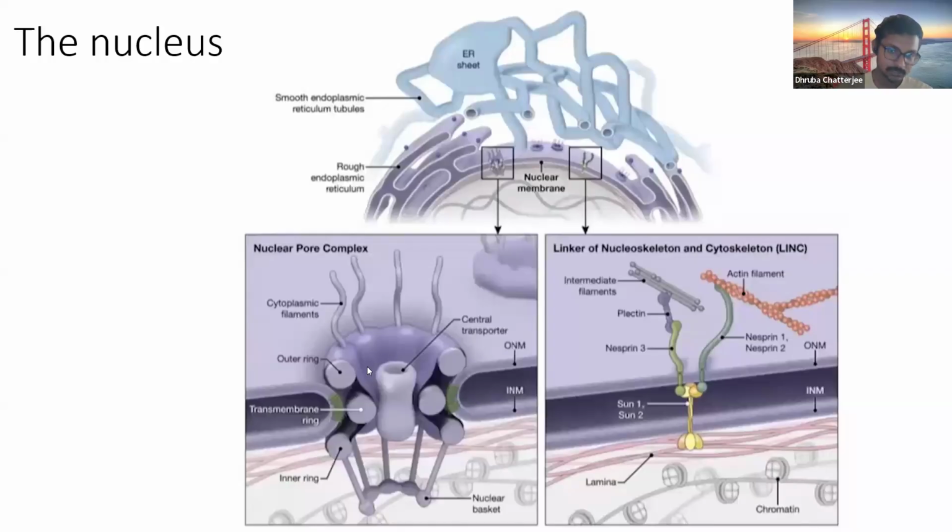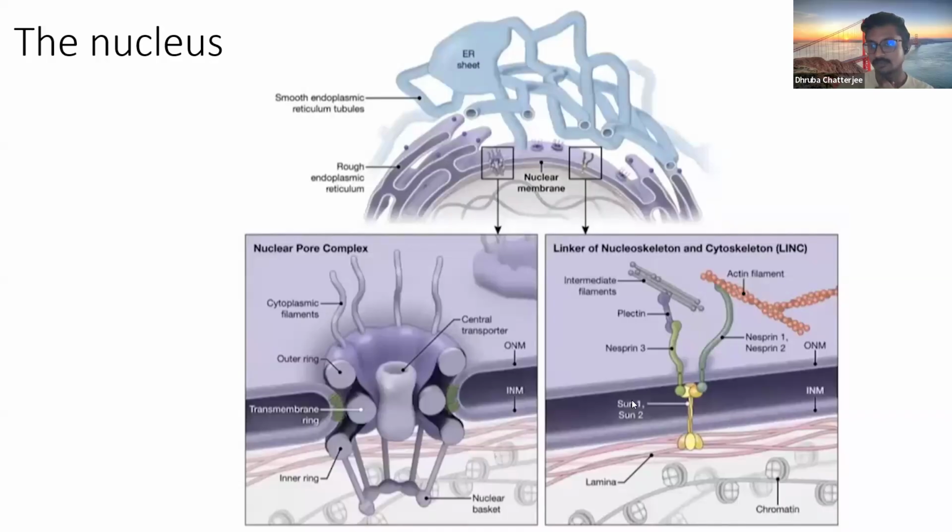Whereas there are definitely these central transporter complexes which ensure the regulated directional movement of cargo from the cytoplasm to the nucleus as well as from the nucleus to the cytoplasm. That is the regulated directional nucleocytoplasmic shuttling.